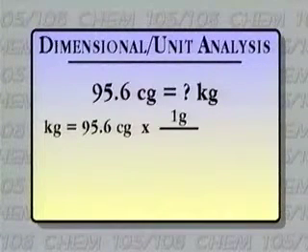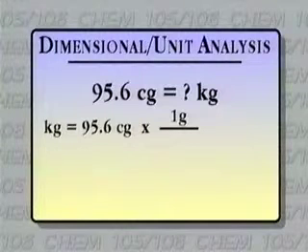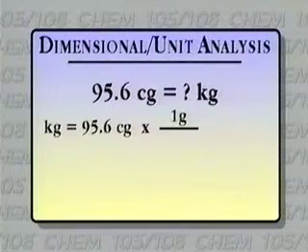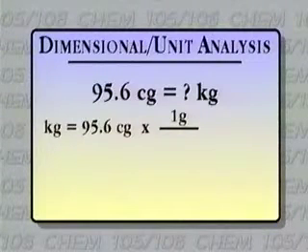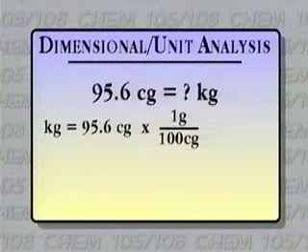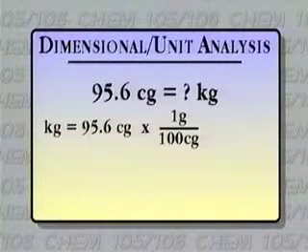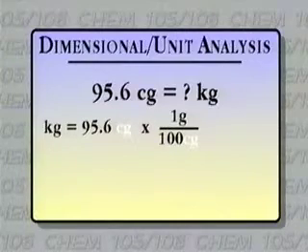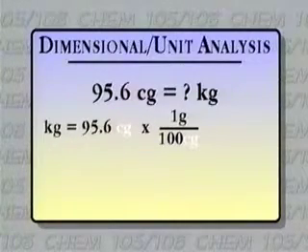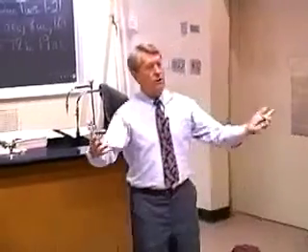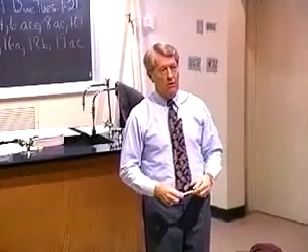Anyone? Well, we could go back and look at that metric table in the book if we didn't remember. But centi is 1/100th, so there would be 100 centigrams in a gram. If we do that, notice our units, centigrams, have now canceled. So now really we're asking the question, how do we convert from grams to kilograms? We look for another conversion factor.